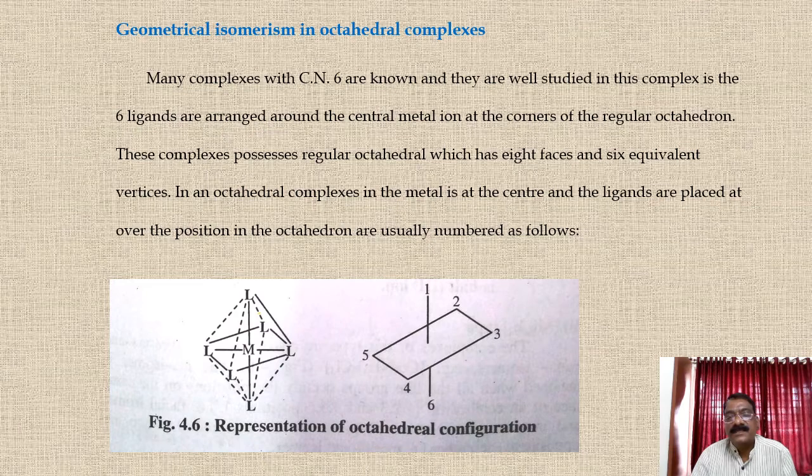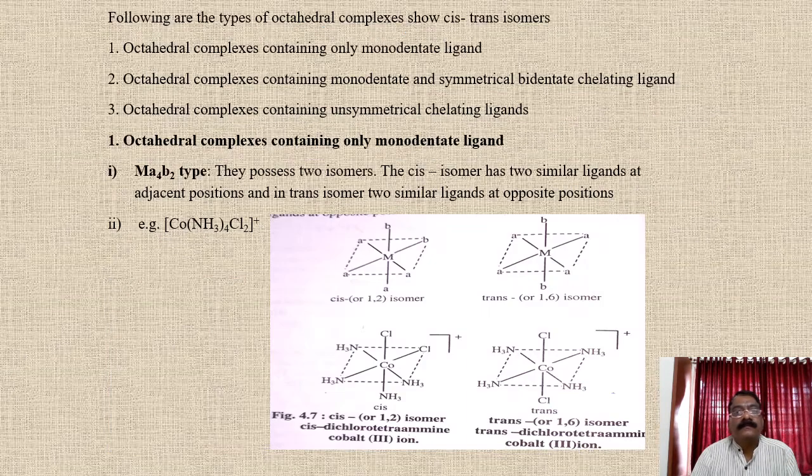Site 1 is above the plane, then 2, 3, 4 and 5 are in the plane, and the 6th position is below the plane, and in between 1 and 6 there is the metal atom, which is in the plane of the 2, 3, 4 and 5 ligands, and thus we have such an ML6, that is the octahedral geometry, octahedral configuration.